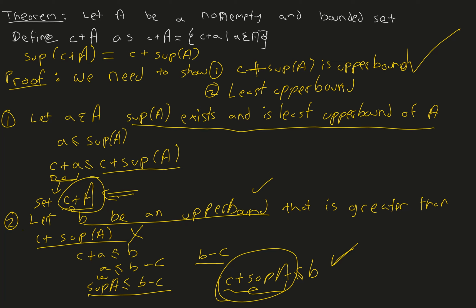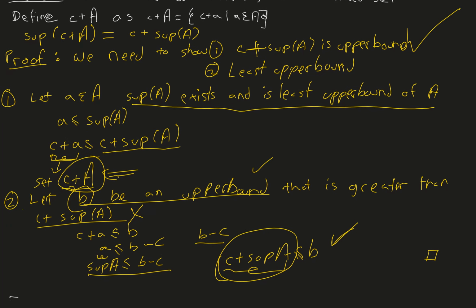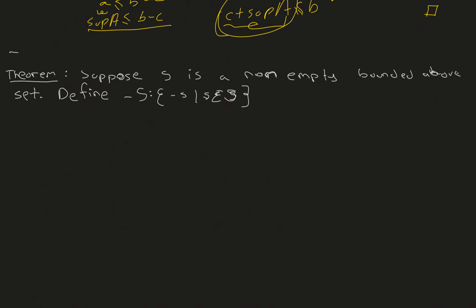If we find any other upper bound such as B or D or E, it will always be greater than or equal to C plus supremum of A. So C plus supremum of A is the least upper bound, and we're done with the proof. So you guys try to do the same thing for the infimum for practice.